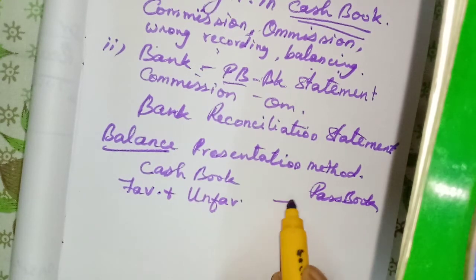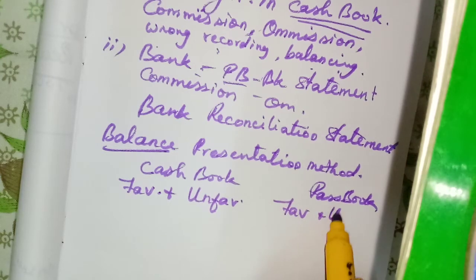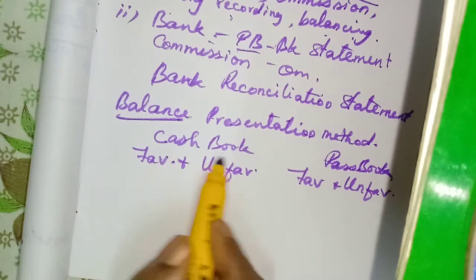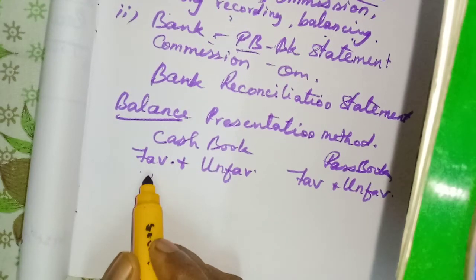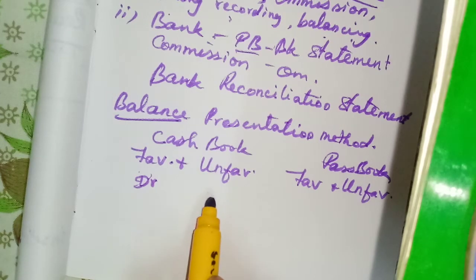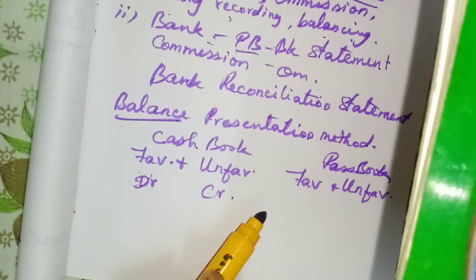The passbook also has favorable and unfavorable balance. Cash book favorable balance means the cash book shows a debit balance. Unfavorable means credit balance, that means bank overdraft.